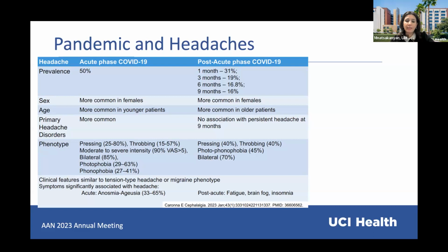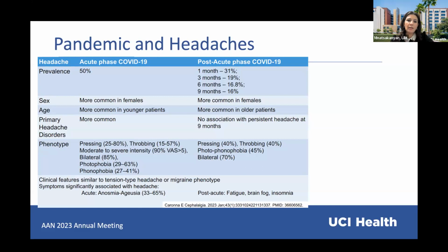People who have primary, pre-existing headaches more commonly had headaches during the acute phase, but there was no such association at 9 months. Really, the phenotype could mimic tension-type headaches or migraine-type headaches, so it could present in different ways.